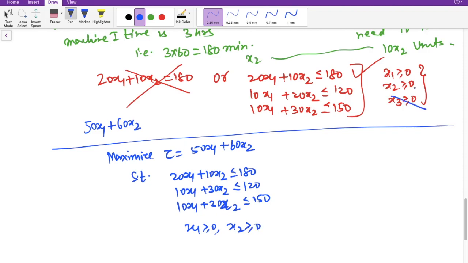Sorry, I'm not having any third variable, I'm just having 2 variables. So x3 is nowhere there, it was a mistake. So this is 1, this is 2, and this is 3.